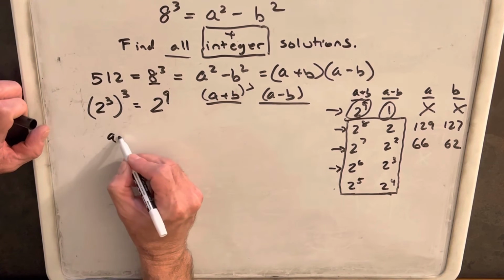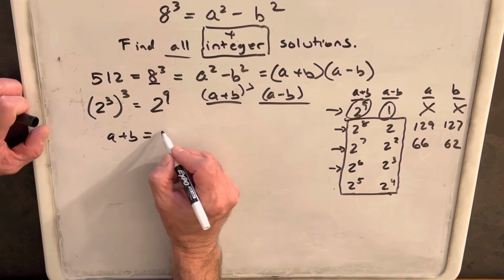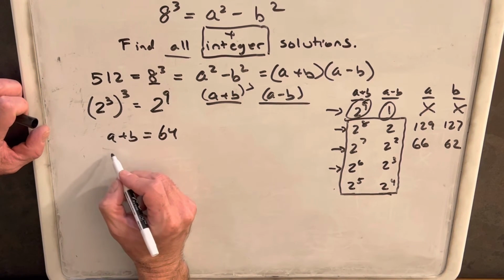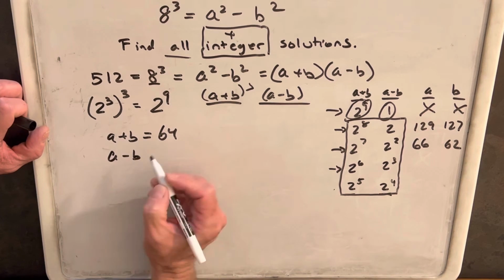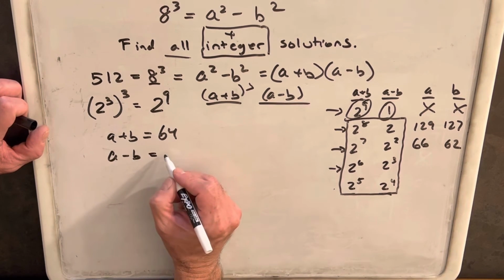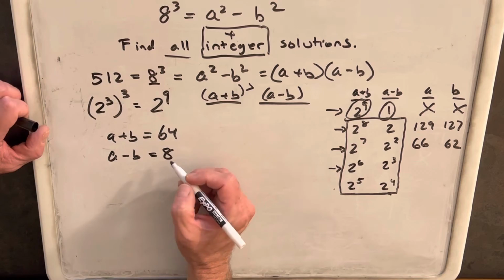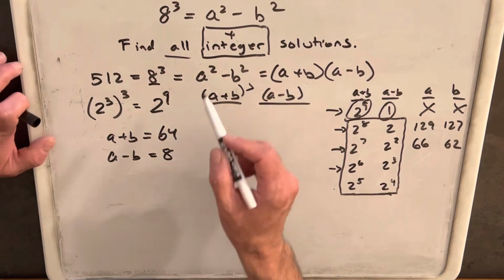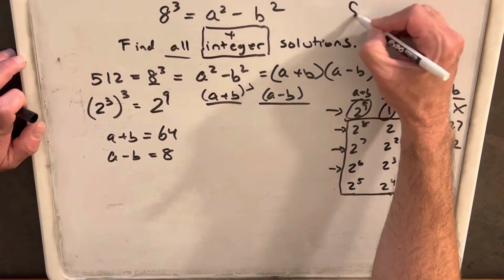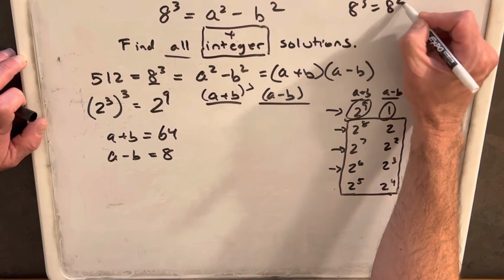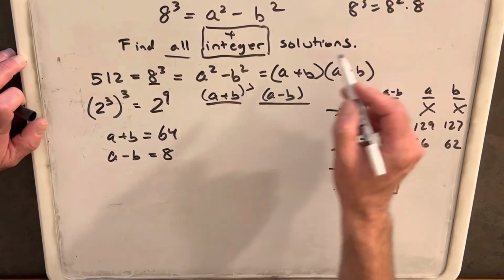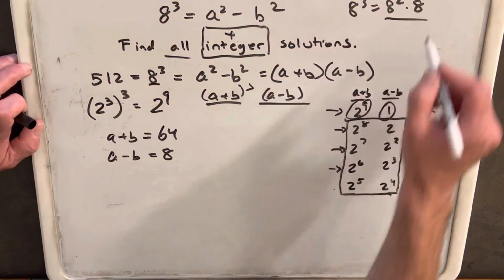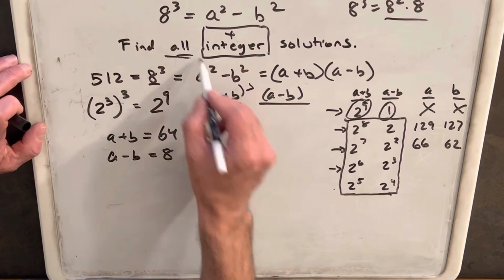What happens when a plus b equals 2 to the 6th, or 64, and a minus b equals 2 to the 3, or 8? This, by the way, is actually kind of the easy one because we can always break 8 cubed into 8 squared times 8, and that is always kind of a quick solution, but we need to find all solutions.